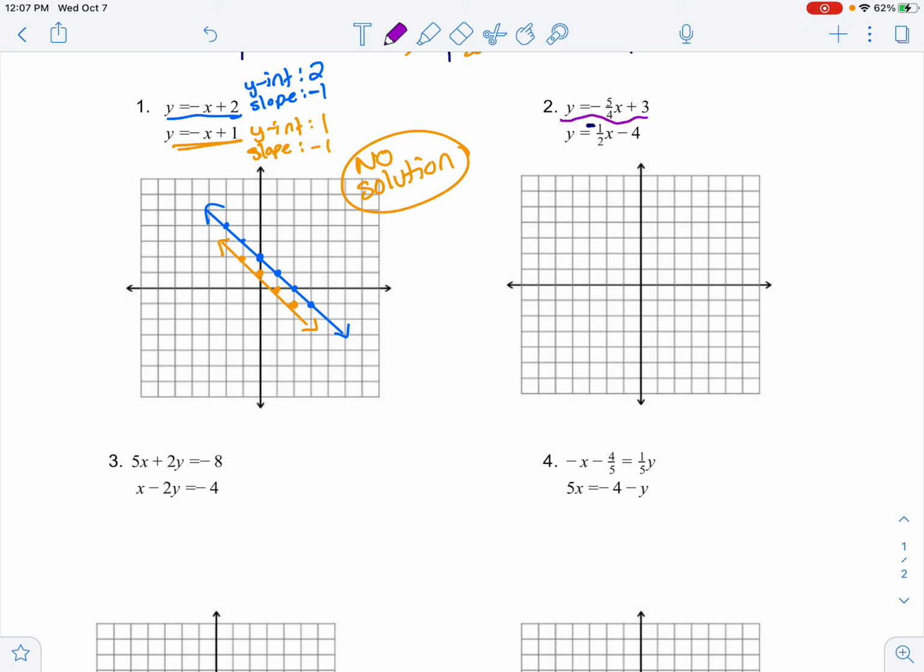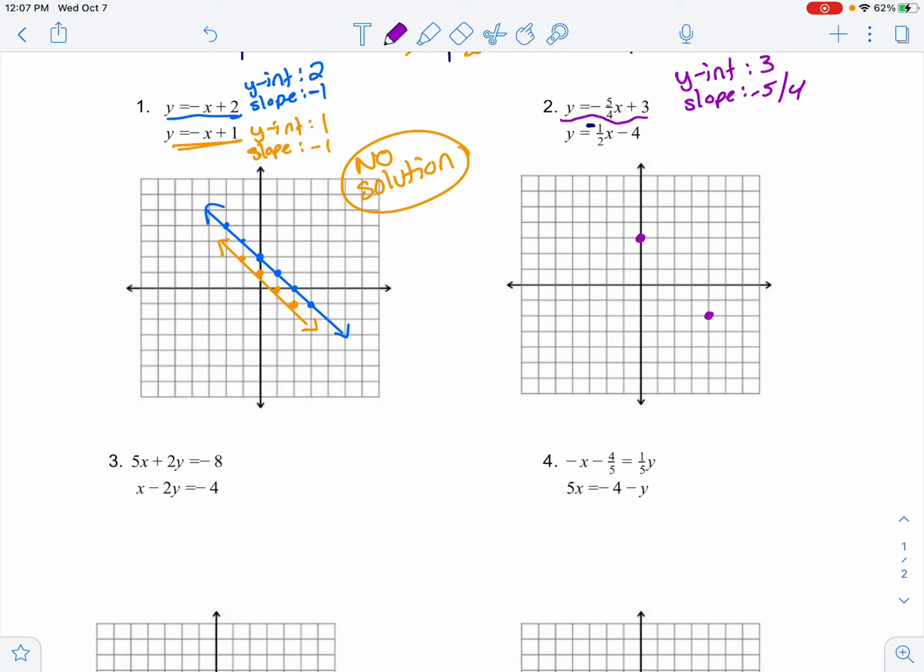For this first one, what do we got? We have our y-intercept and our slope. Y-intercept is at 3. Our slope is -5 over 4. So I'm going to graph that. I'm going to go up 1, 2, 3. From that point, I'm going to go down 1, 2, 3, 4, 5 over 1, 2, 3, 4.